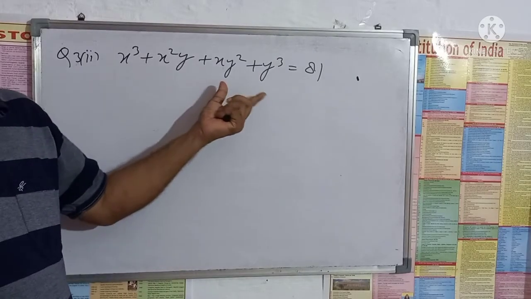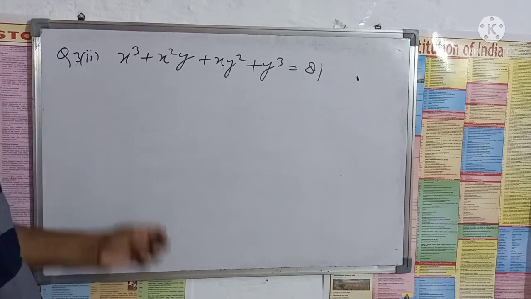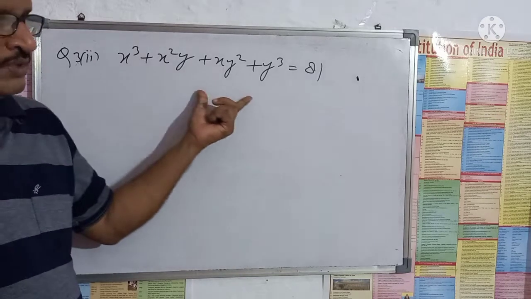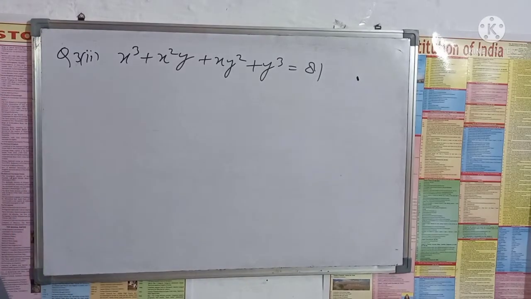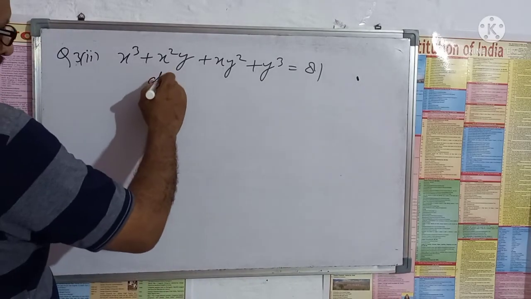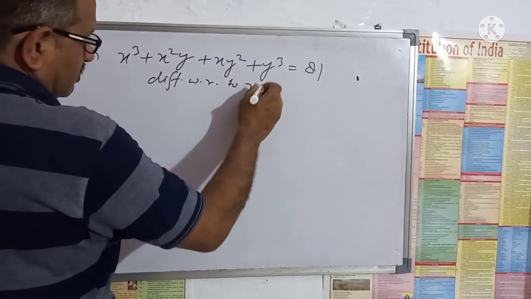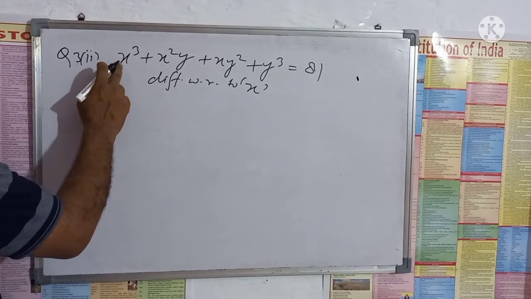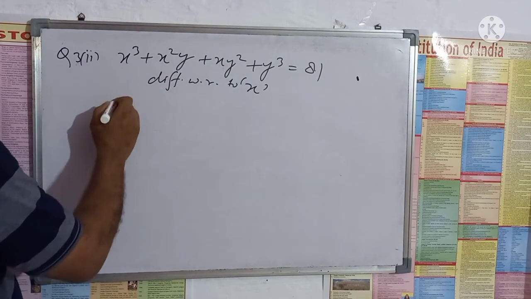It is an implicit function. We cannot write y in terms of x. So it is an implicit equation. Differentiating both sides with respect to x, differentiate each term. What is the derivative of x cube?